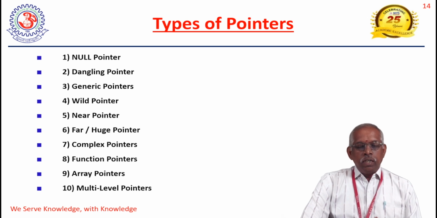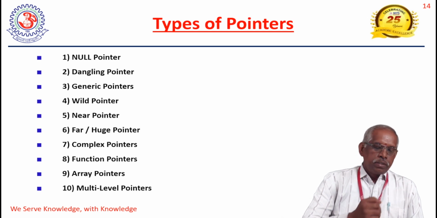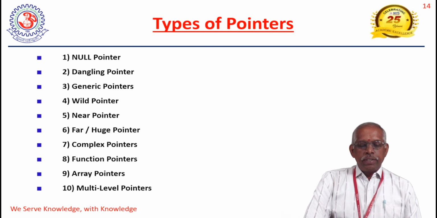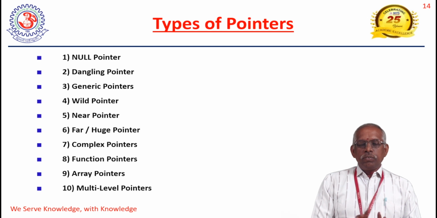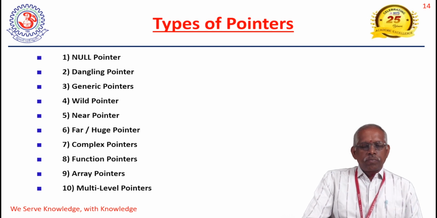There is a null pointer, a dangling pointer, generic pointer, wild pointer, near pointer, far or huge pointer, complex pointers, function pointers, array pointers, multi-level pointers. So all these are the various types of pointers. We will see the details of all these types of pointers in the next session.